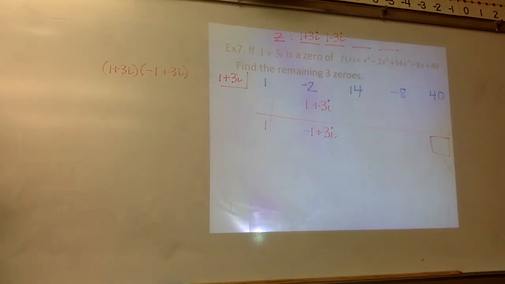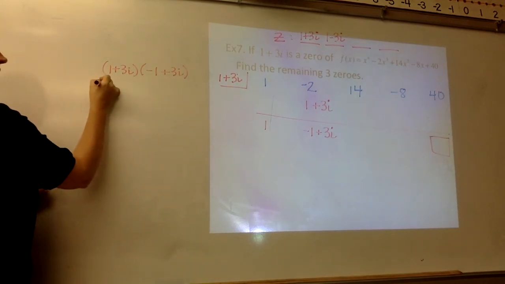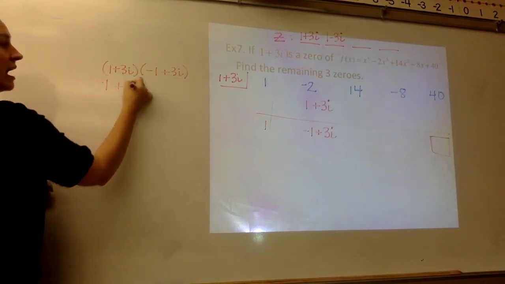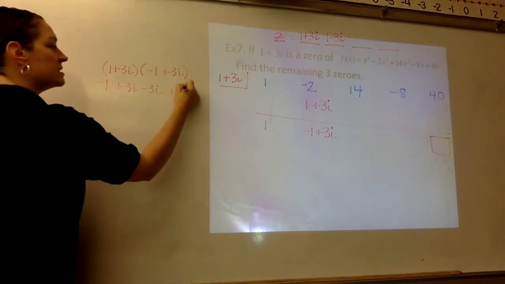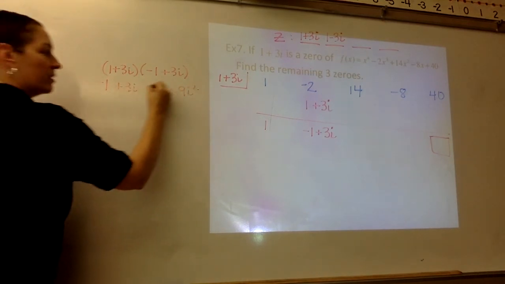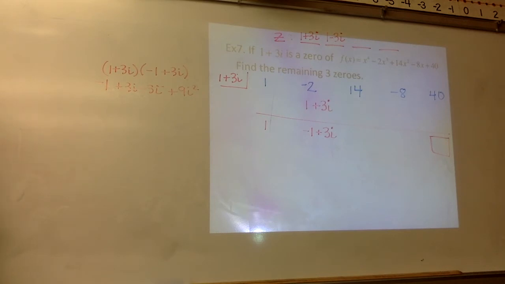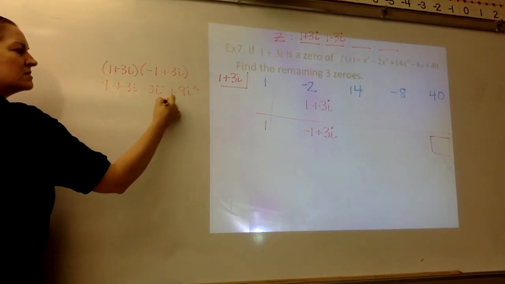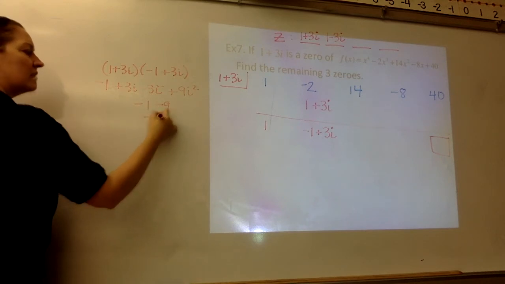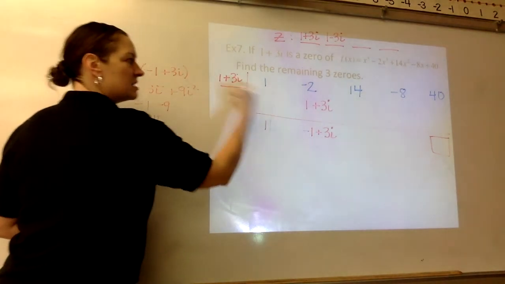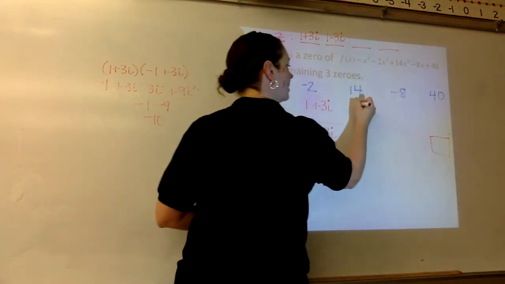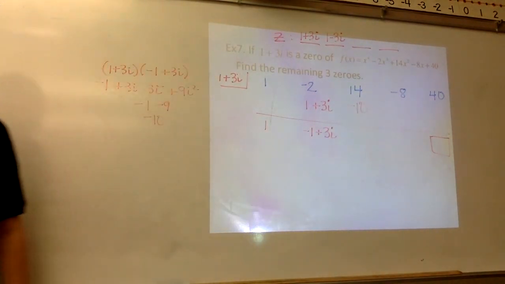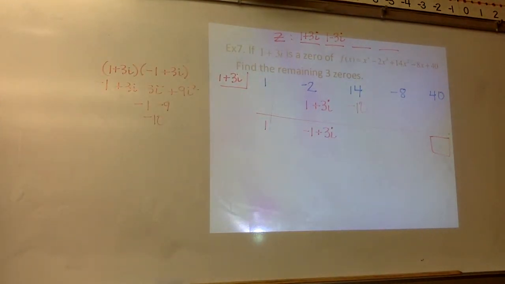But if you don't, we would just FOIL, correct? We would get -1 plus 3i minus 3i plus 9i squared. The middles cancel. And what is positive 9 times i squared? What's i squared? Negative 1, so this becomes negative 9, negative 1. Doesn't that give me negative 10? That's not bad. This times this is negative 10. That looks good. That was a lot of work, miss.